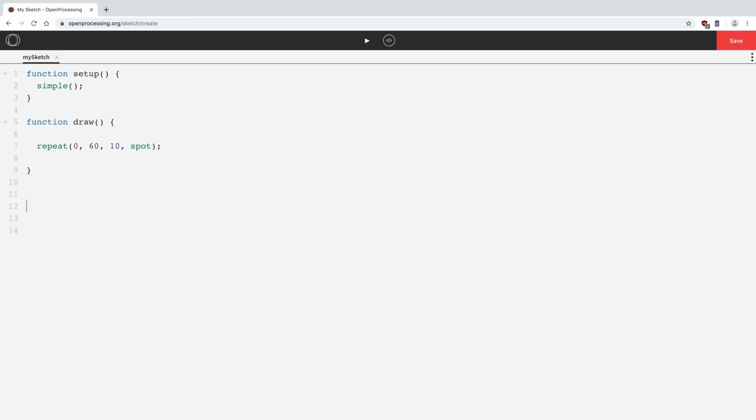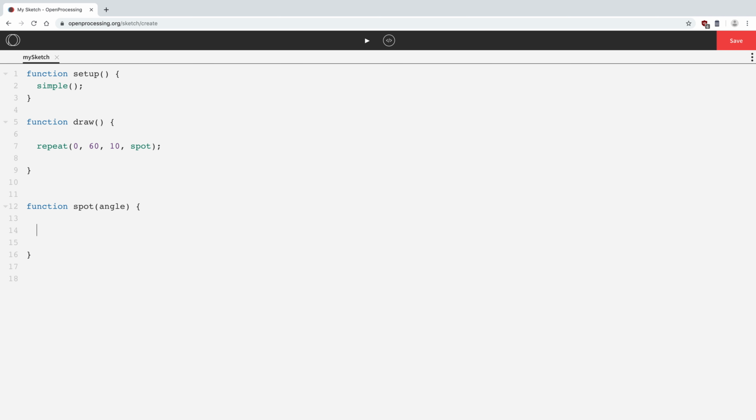I have to write that function, so function spot, and it takes that information. We can call it M or N or A or angle. It makes sense to give it a name that makes sense. So it's an angle that we're counting.